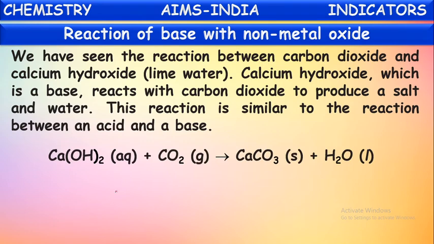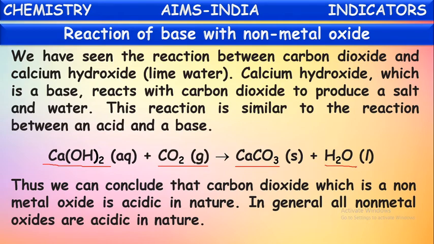See here, calcium hydroxide is a base, we know. On reaction with a non-metallic oxide, carbon dioxide, it forms a salt, calcium carbonate, and water. Thus we can conclude that carbon dioxide, which is a non-metallic oxide, is acidic in nature. In general, all non-metallic oxides are acidic oxides.